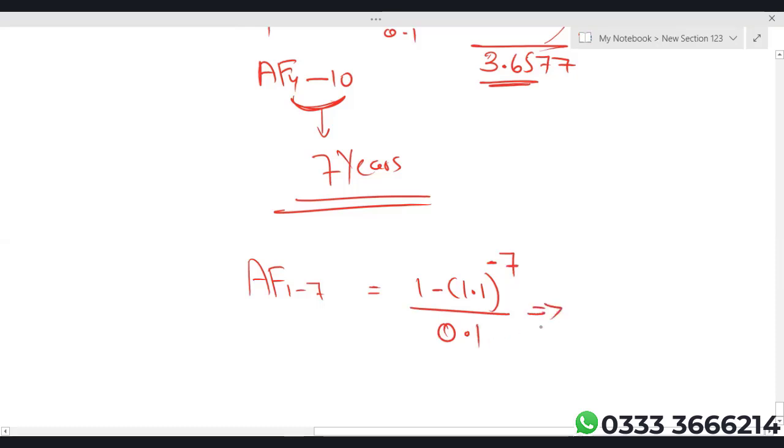Let's see the annuity factor for the 7 years. Let's see what we are getting. Students, I'm getting 4.8684. Yes or no? Please reply.